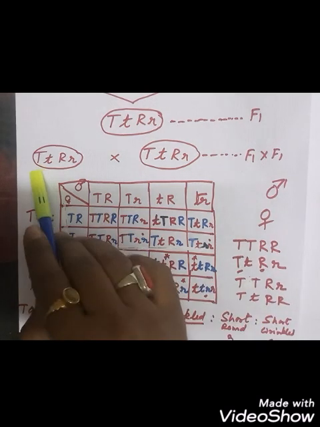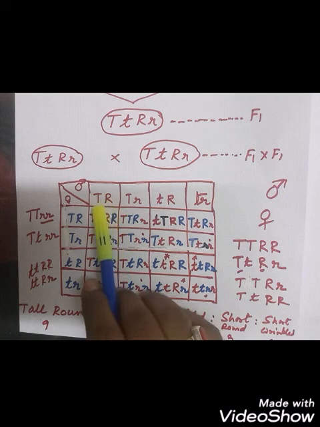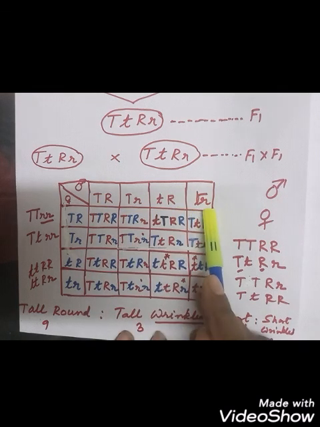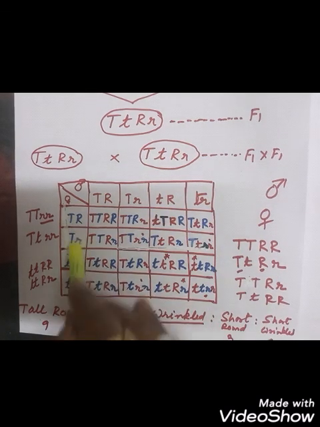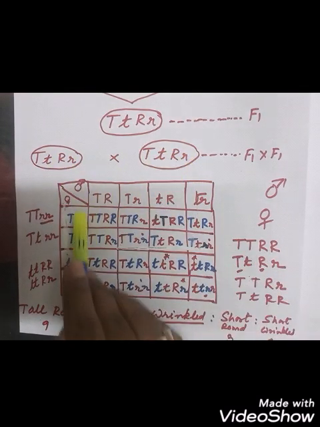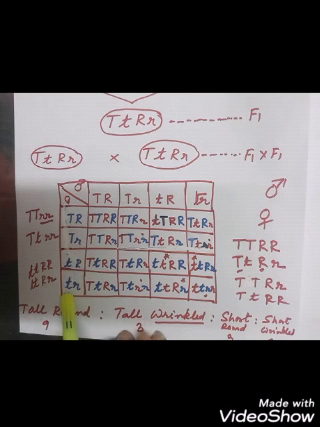You can see capital T, small t, capital R, small r. The gametes are of this type: TR, T small r, small t capital R, small t small r. The similar types of gametes will be written here for the female, because both are the same.